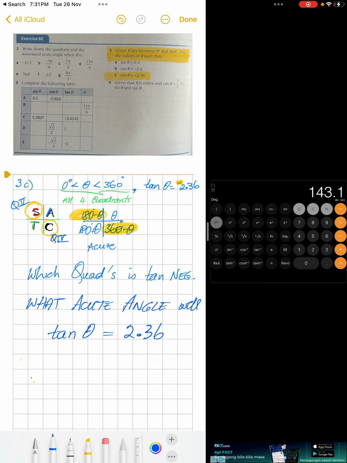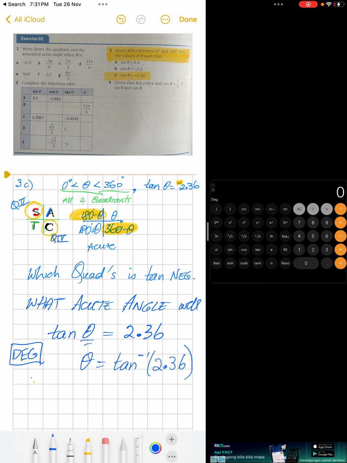We got degrees in the calculator. So check. We got degrees in the calculator. Let's now cancel that old question. And we're going to take the second function off and only have the tan button. Oh no, we need to find the inverse tan of 2.36 because tan of the angle is 2.36.